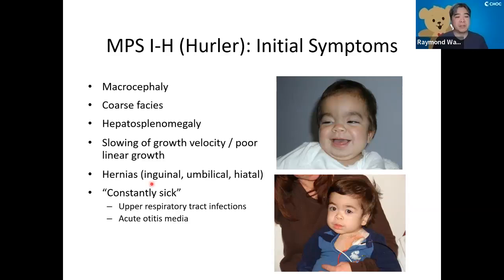So whether that's an inguinal hernia, umbilical, hiatal, all the increased visceral contents tend to cause things to bulge out. And so many times our Hurler patients have already visited an ear, nose, throat doctor, a general surgeon, other specialists before a diagnosis is finally determined.